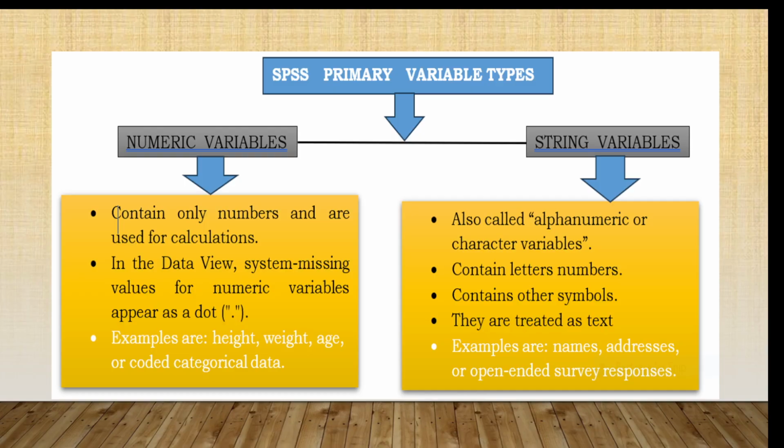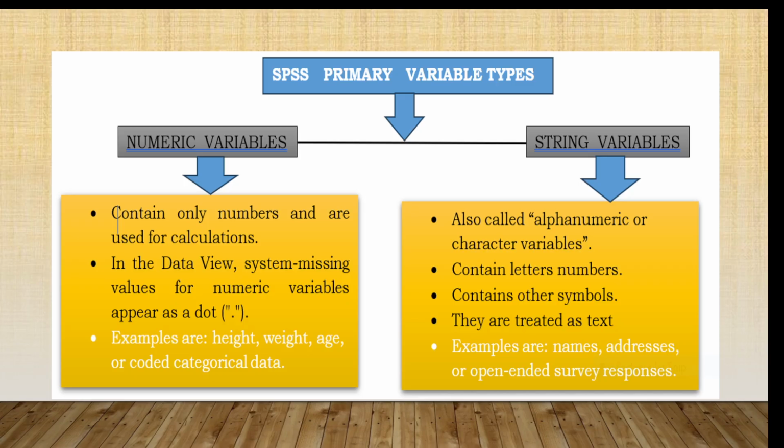Examples: height, weight, age, or coded categorical data. The coded categorical data can be coded as 1 and 2, etc. For example, gender: male can be coded as 1 and female can be coded as 2. That is why they're included in this category of numeric variable.